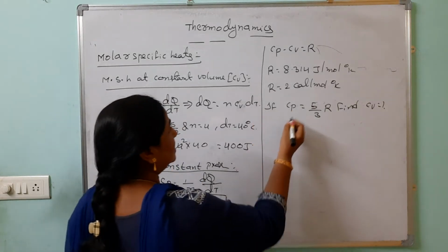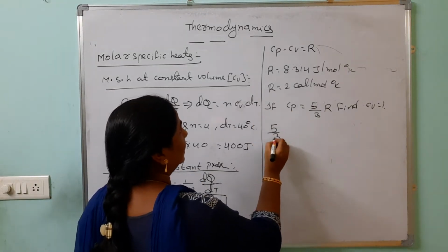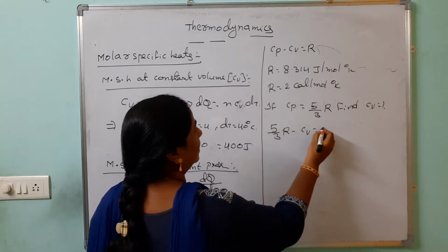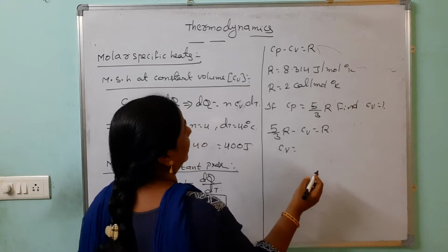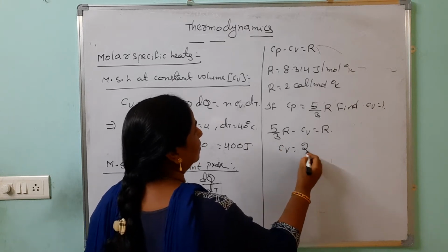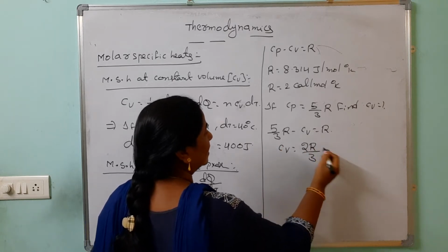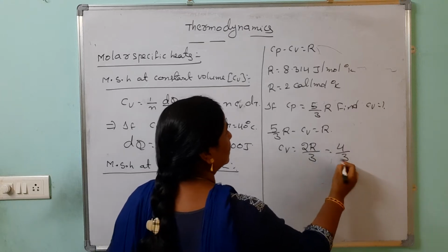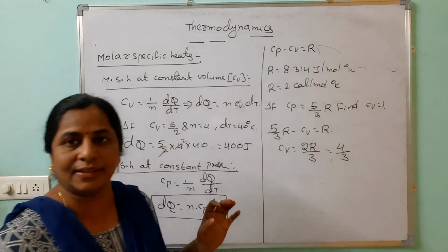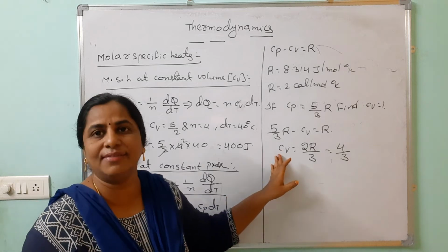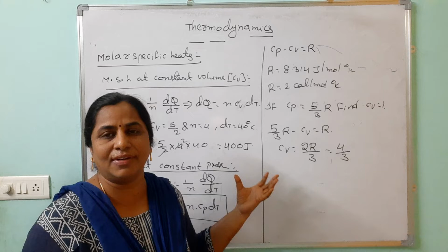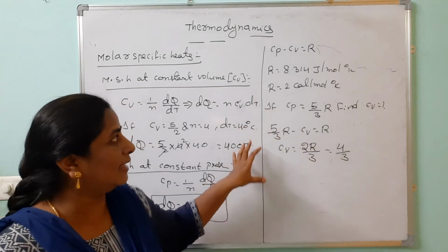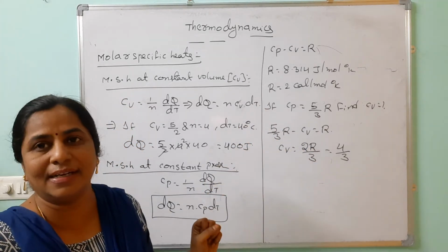Then Cv equals 5 by 3 R minus R. After taking LCM, that is 5R minus 3R, 2R by 3. But instead of 2 we are taking 2 calories, so the answer is 4 by 3. Like that we can find Cv when you know the Cp value, and even find Cp when you know the Cv. This is the relation between Cp and Cv.